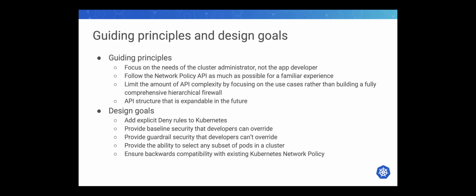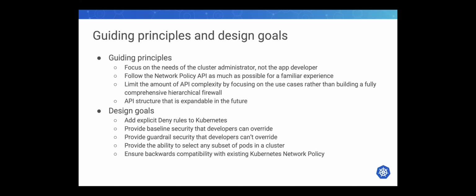A very good example of this is namespace isolation, where as a baseline, whenever a new namespace comes in, the intra namespace traffic is allowed and the inter namespace traffic is denied, and that's a guarantee that we give. And perhaps there is a tenant who owns more than one namespace, and he or she may want to open up traffic between their namespaces. So they should be allowed to do that.